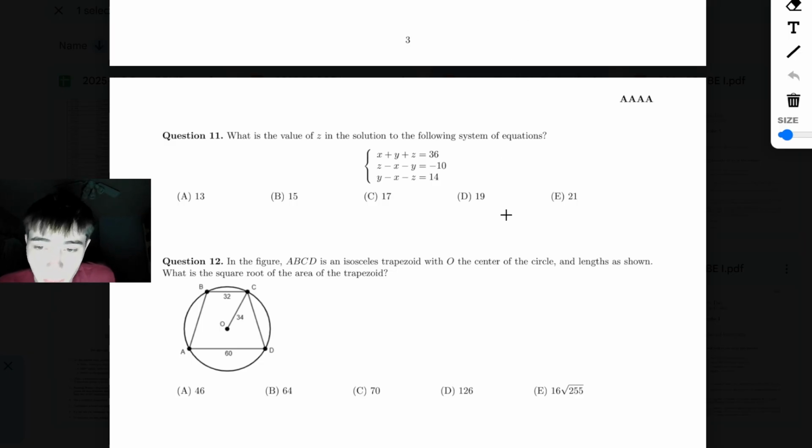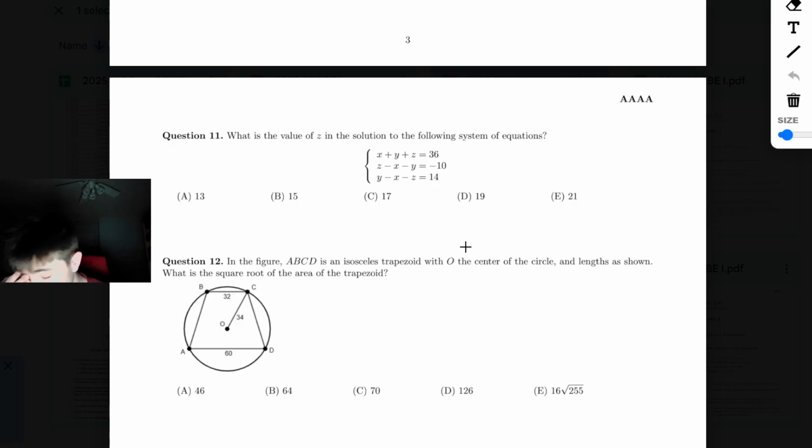Instead, what you can do is a method called elimination. When you've got three variables and three equations, you want to find some way to combine them together to get rid of one variable at a time.